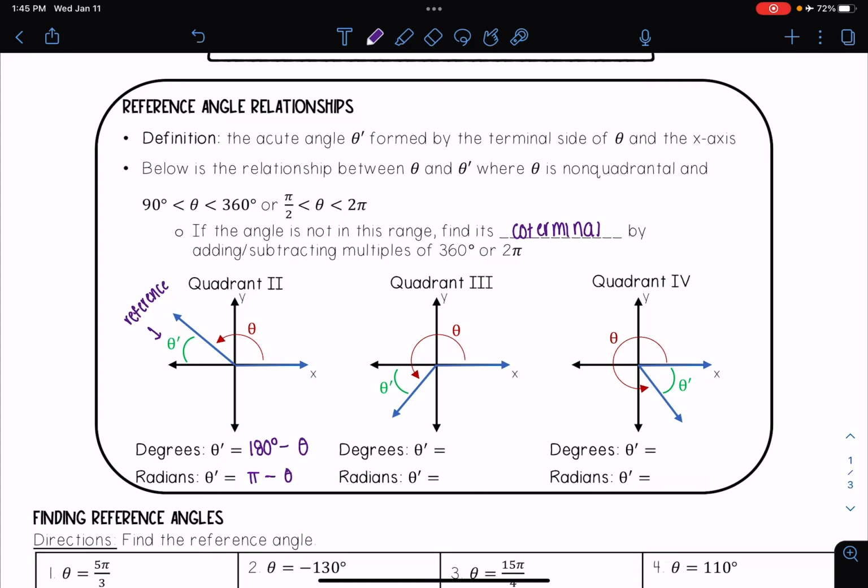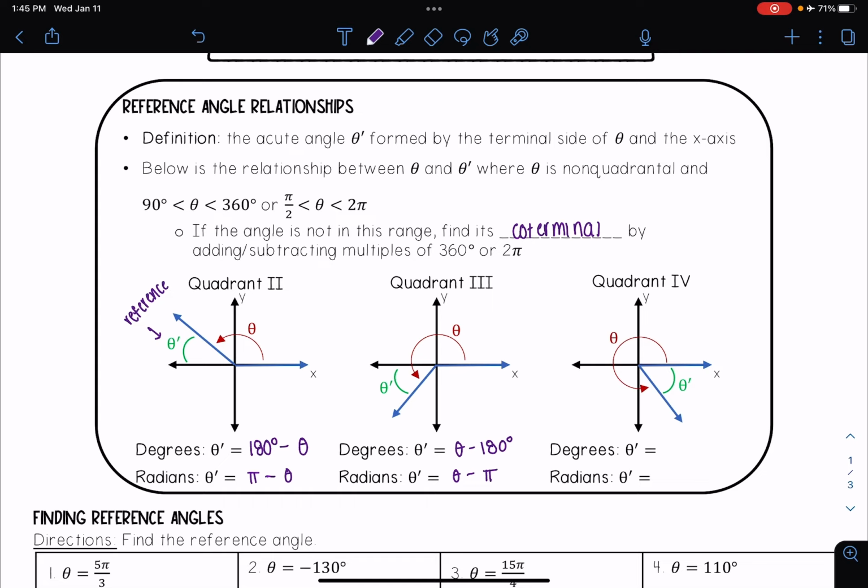Now, if the terminal side of our angle is in quadrant 3, we see that our reference angle in green is here. So it goes from that terminal side and is that angle that's formed with the x-axis. And so finding that reference angle, theta prime is equal to our given angle theta minus 180 degrees if we're looking at degrees, or theta minus pi.